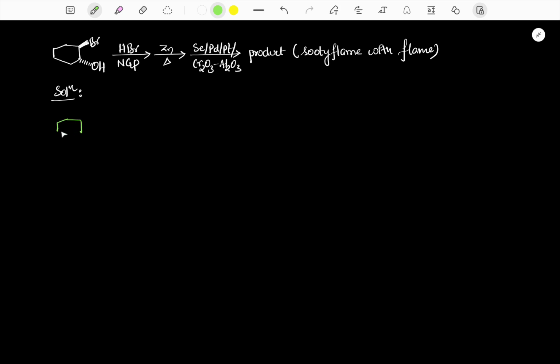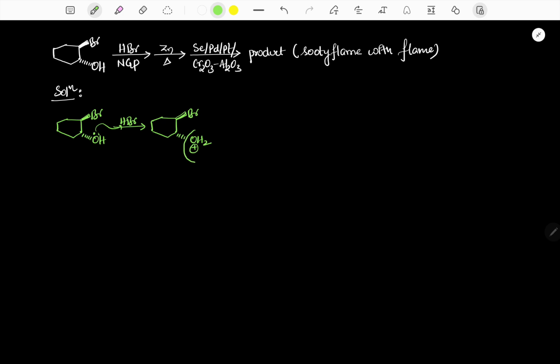The reactant has two functional groups: one is an alkyl bromide, one is an alcohol. It is treated with HBr. When it is treated with HBr, the lone pair attracts the proton and forms the corresponding oxonium ion.